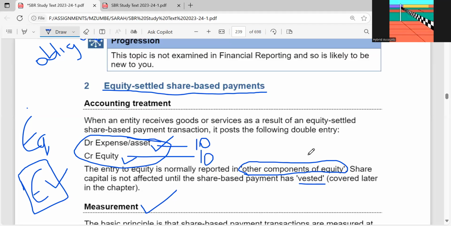For whatever standard you study, you should always think of how to recognize, first of all, the objective of the standard, recognition criteria, measurement criteria, presentation, but also finally disclosure, how to disclose. How do you disclose that to the users of the financial statements? Those four things are usually very important, right? All right.